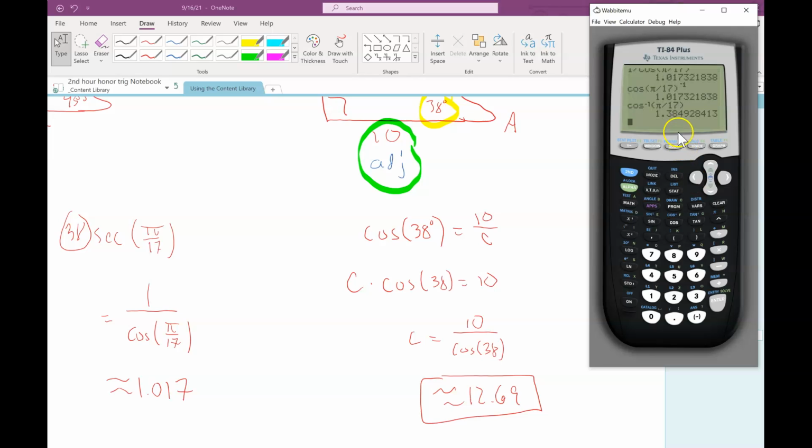Cosine inverse is its own separate function. It's not the same thing as the reciprocal of cosine. Everybody cool with that? Okay, so it's an easy piece of notation to get mixed up on. So 1 over cosine is not the same thing as cosine inverse, just to be clear. That typically comes up every year.